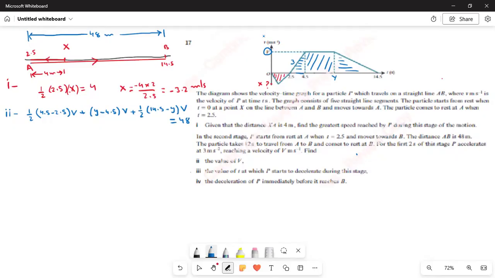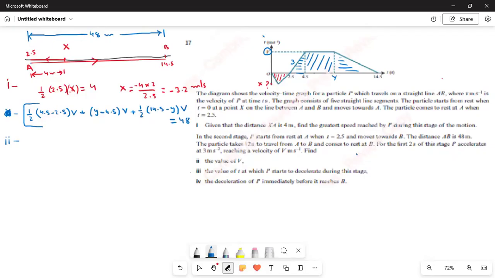We just have to find the value of V. This is easy because we know the acceleration, we know the start time, we know the end point. So let me postpone this. I will leave it as it is because I will need this for part 3. But let me do part 2 here. Okay, so part 2, we need to find the V.